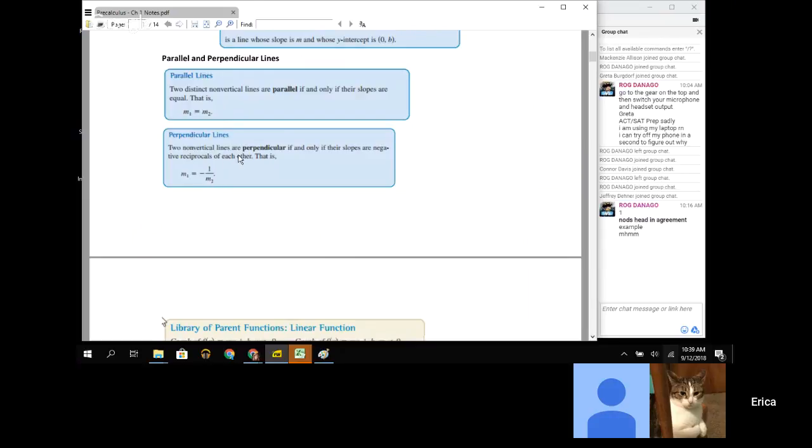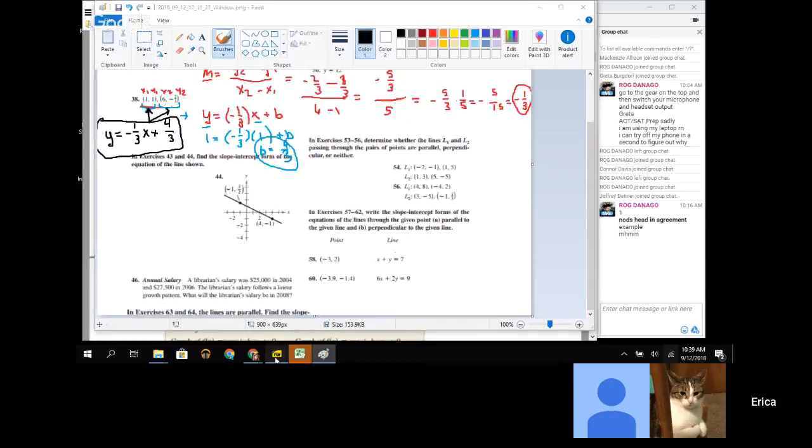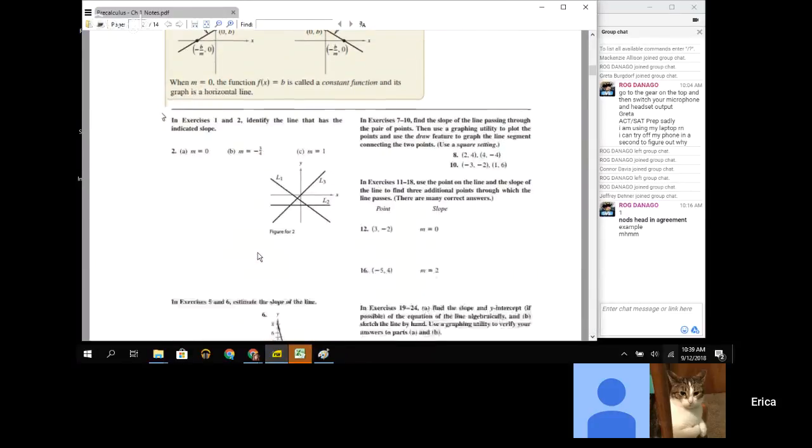Perpendicular lines have negative reciprocal slopes of each other. So that's how we can tell. Let's talk about a problem or two, and then we'll do a problem or two.